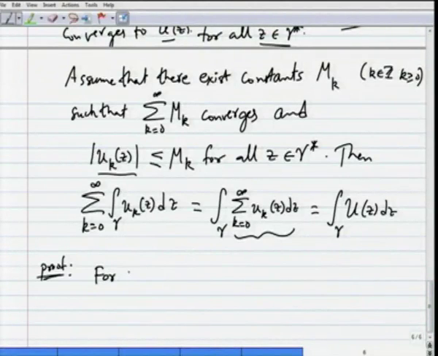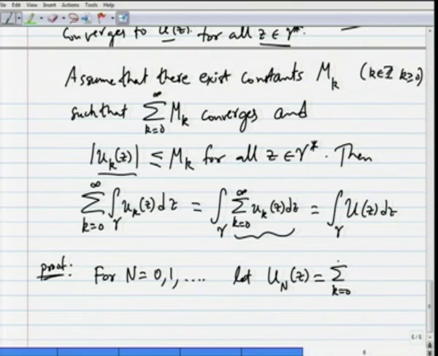So, first we will take finite sums of this u k of z. For any non-negative integer capital N, let capital U subscript n of z be the finite sum sigma k equals 0 through capital N of little u k of z. So, both capital U n and capital U are continuous.